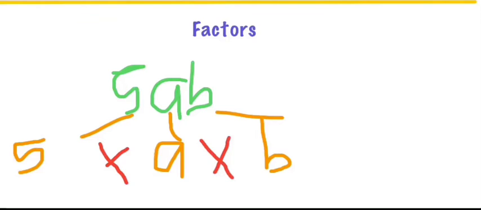So this is how the factors work: each factor is a single digit, a single variable, or a single constant. Here the constant is 5, so I write 5, then a multiplication sign, and then a comes as the second factor. Again I put a multiplication sign because b is also left, and then I just write b. So this is the method of factorization.